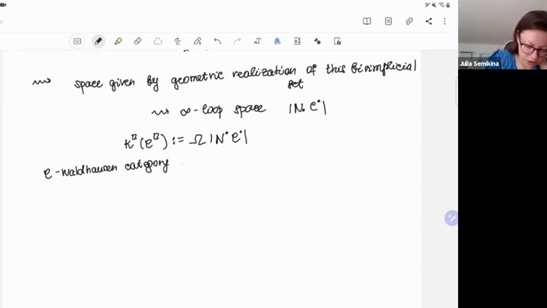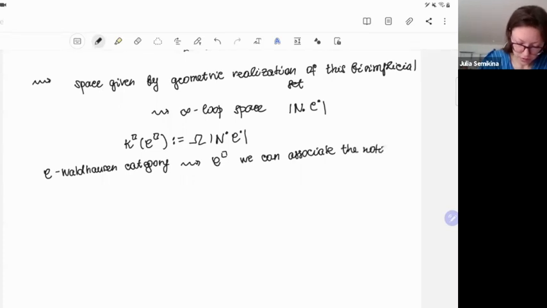Given all the data that comes with the notion of being Waldhausen, we can make it into a category with squares. So we can associate this notion of distinguished square, and this becomes a category with squares.